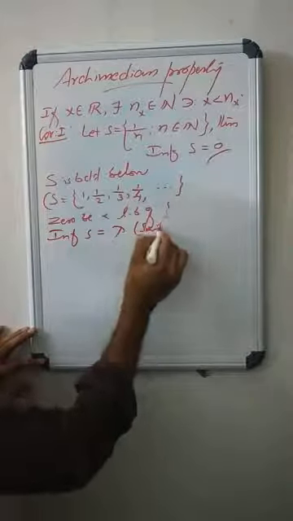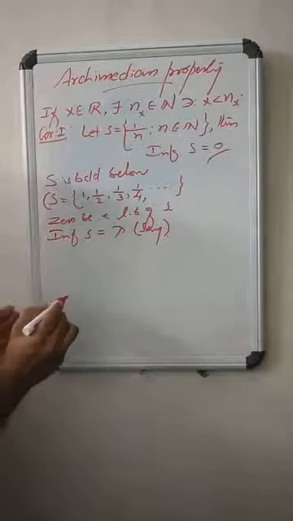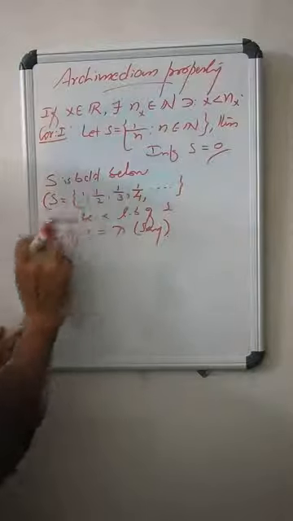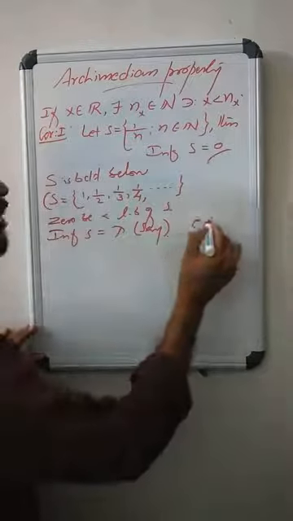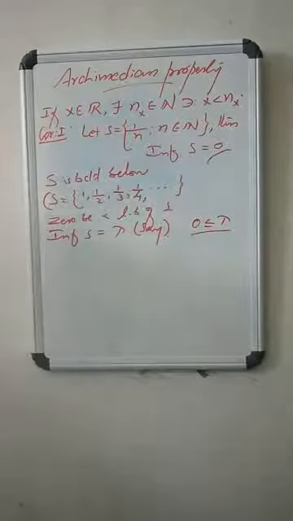Then, since 0 is a lower bound of S and lambda is the infimum of S, clearly 0 is less than or equal to lambda.